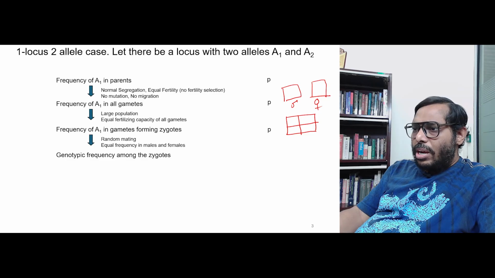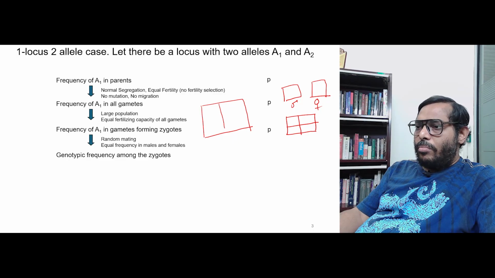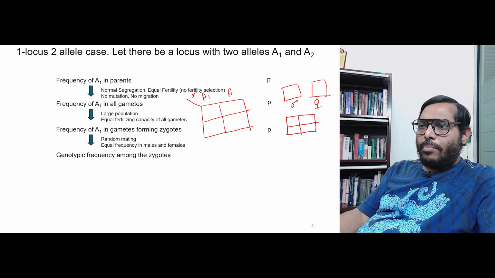Let me make it here, so that I can make it a little larger and you can see it better. So, we make what is known as the Punnett square. Let us assume that this side is the male. So, you have A1 and A2, here are my two kinds of gametes that the males are producing.